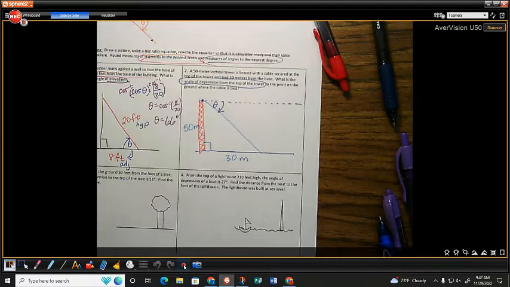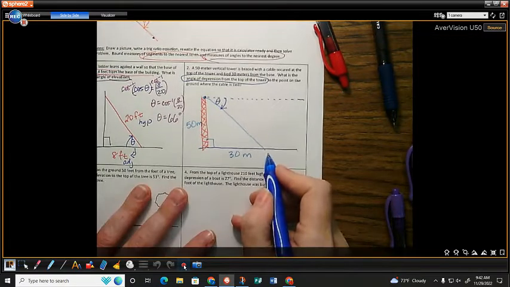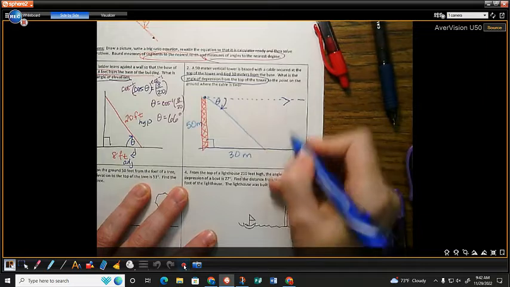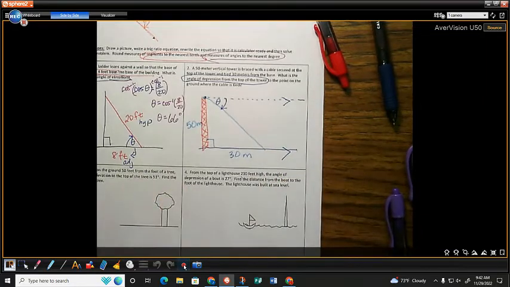Okay. Now, is that inside my triangle? No. But there's a great trick for this that you learned back in Unit 3. Is the ground also horizontal? And so these would be parallel. And what do parallel lines imply?